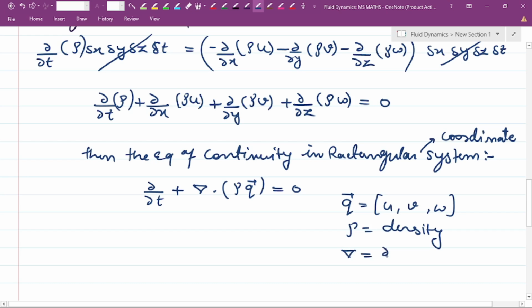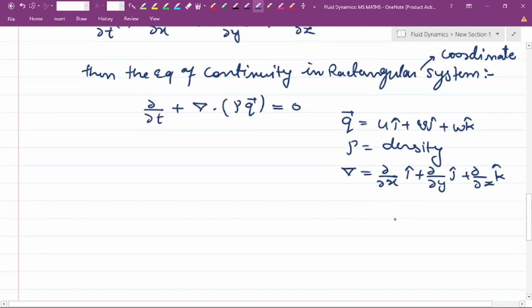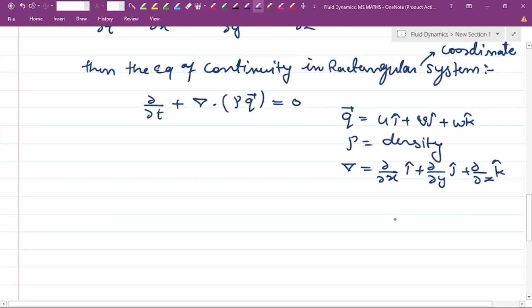Del is nothing but ∂/∂x i cap plus ∂/∂y j cap plus ∂/∂z k cap, and q is u i cap plus v j cap plus w k cap. By the dot product, i cap, j cap, k cap multiplications are all equal to 1.